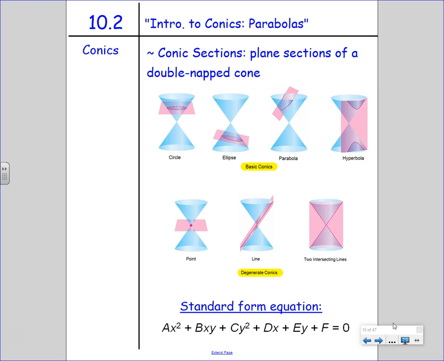Oh, 2 intersecting lines. Circle. Oh no, I cleared everything on accident.